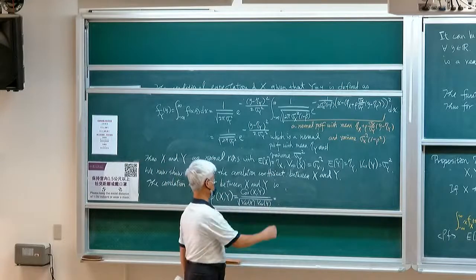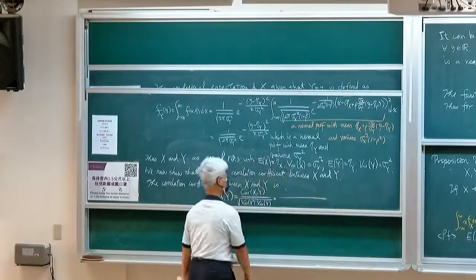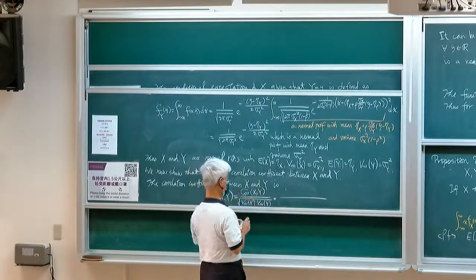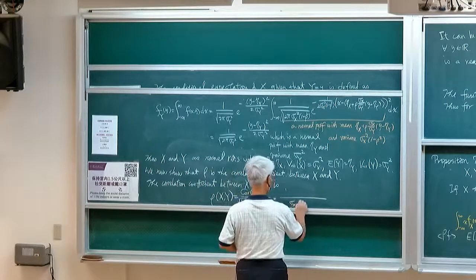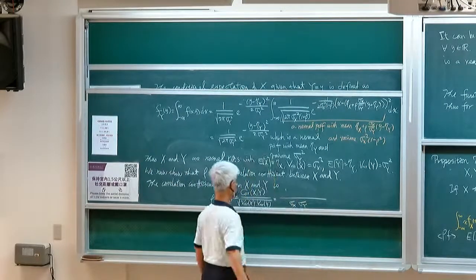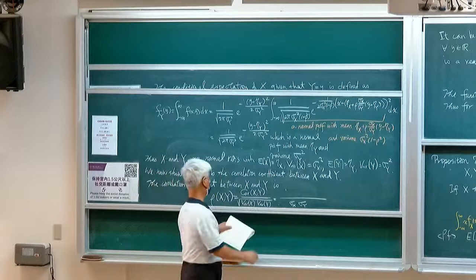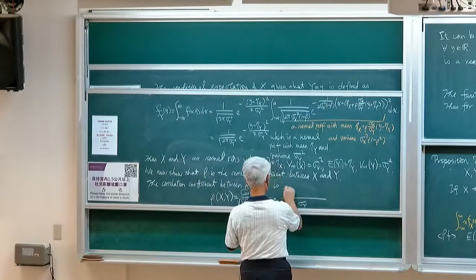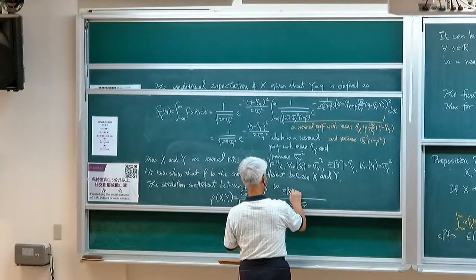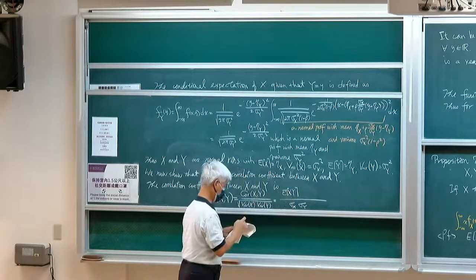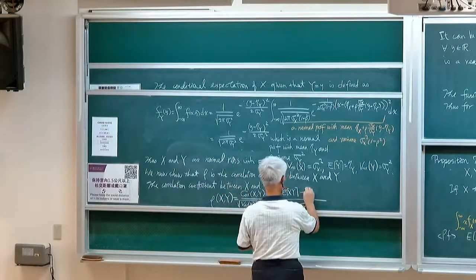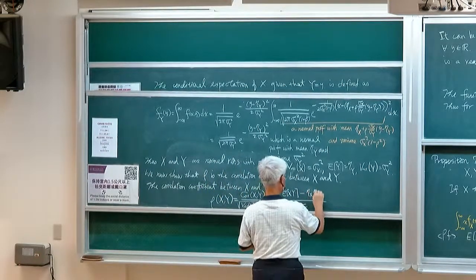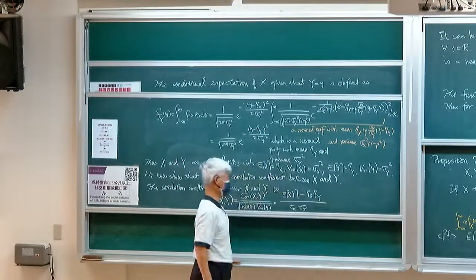So this is sigma x and sigma y, because we take the square root. And the covariance of x and y is the expectation of XY minus the product of their means.